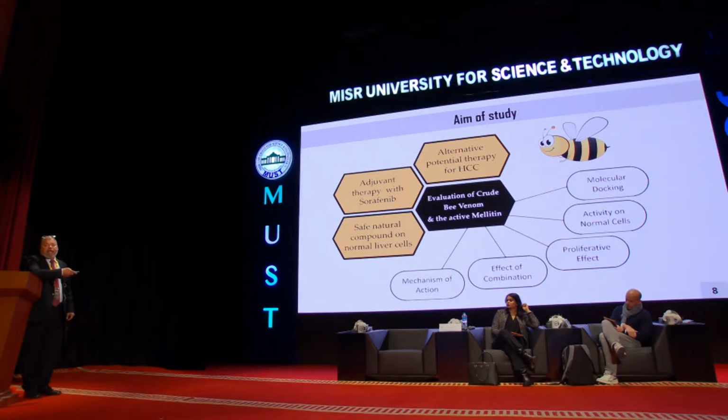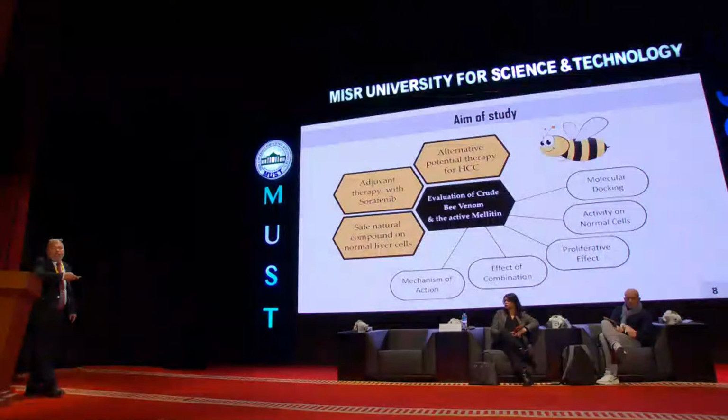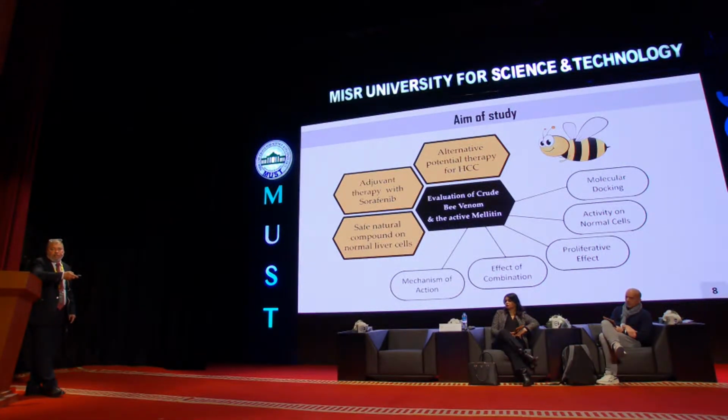So we will study the single and combined effects of melittin, either with the crude venom or with melittin, and check for some molecular studies, starting with molecular docking as an in silico study. Of course, we will check its effects on both normal cells and hepatocellular carcinoma cells, which is called HepG2 cells, and make a combination of both, I mean the sorafenib and the melittin or the crude venom, and check if this combination could help to reduce the harsh side effects of sorafenib.